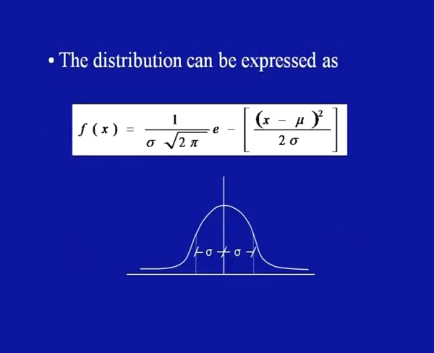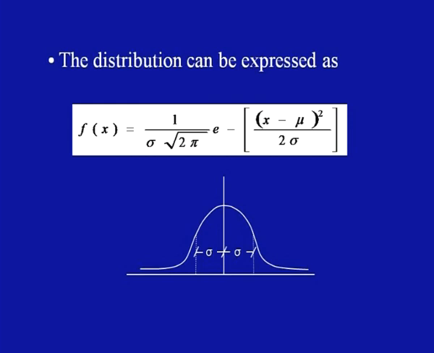This distribution can be expressed by this relationship: f(x), that is, the frequency of a particular value x, can be expressed as 1 divided by sigma multiplied by square root of 2 pi, exponential raised to the power minus (x minus mu) whole square divided by 2 sigma square, where sigma is the standard deviation and mu is the mean value. These parameters will be discussed later.